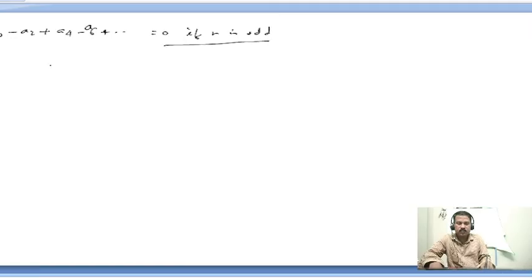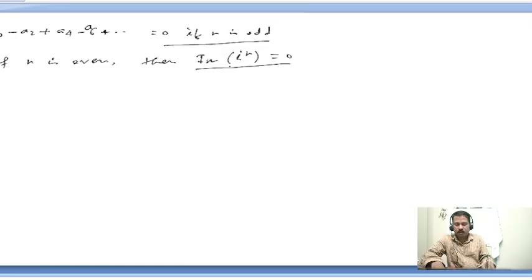Again, sorry, if n is even, then the imaginary part of iota to the power n equals to 0.